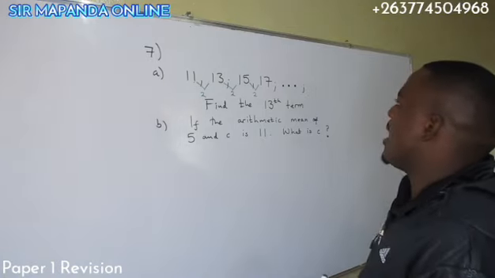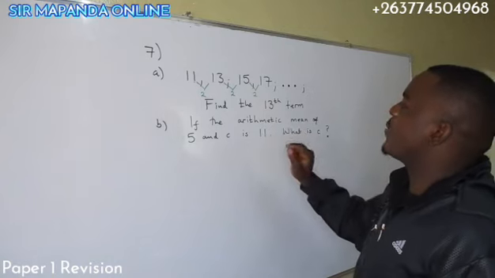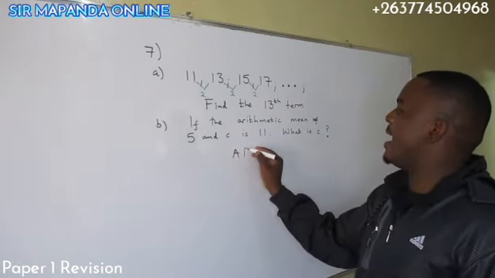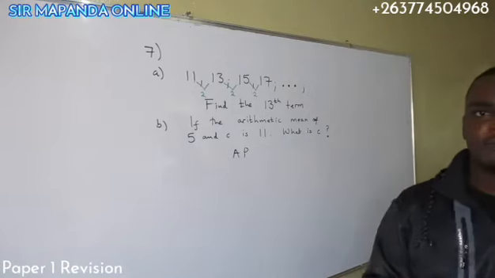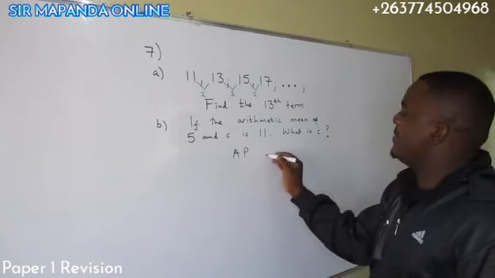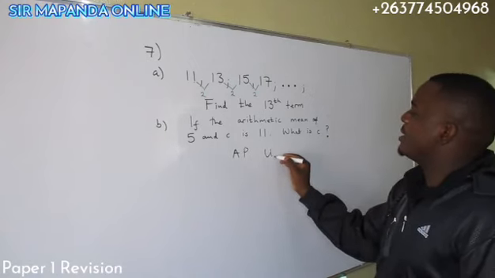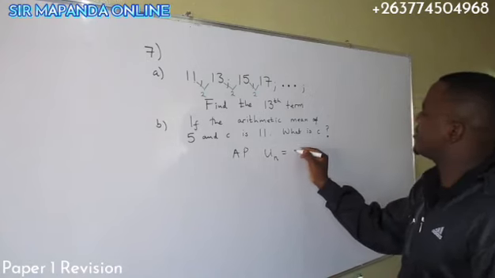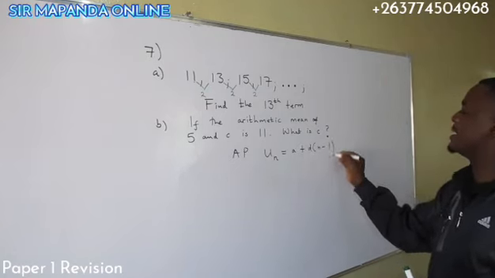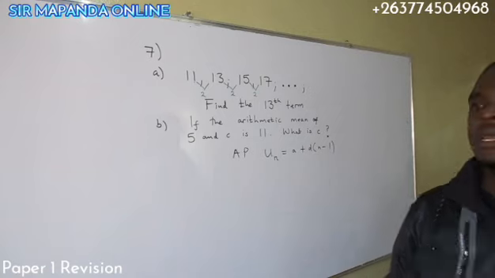Right, so a sequence with a common difference, we refer to it as the arithmetic progression, or AP. For AP, we say the nth term is found using the formula A plus D, open bracket, n minus 1.